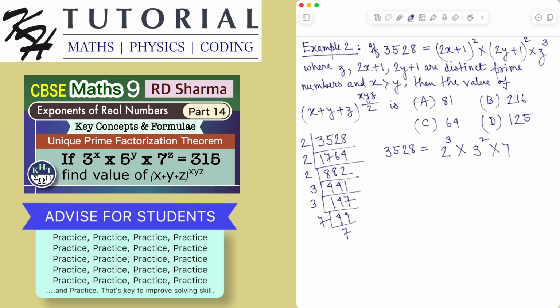multiplied by 7 square. Now, 3528 is given as (2x plus 1) square multiplied by (2y plus 1) square multiplied by z cube.